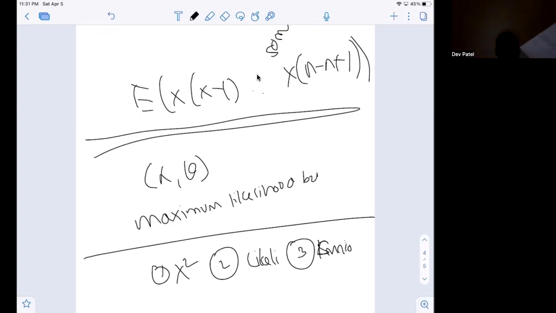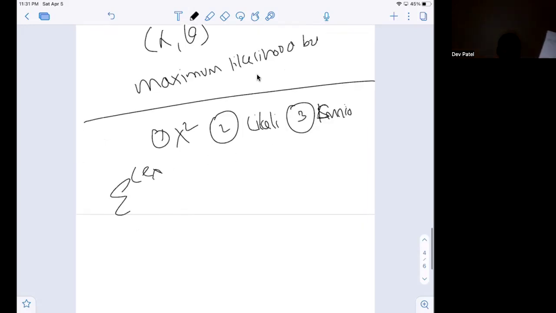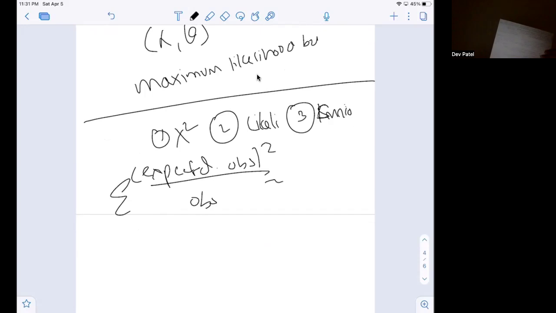For chi-squared, we have the chi-squared goodness of fit test, which takes the sum of the expected minus the observed, squared, over the expected, and that's your chi-squared test statistic. It compares the observed counts to the counts we should be expecting under this distribution, and asks whether that difference is significant enough for us to say that this model distribution is not valid.